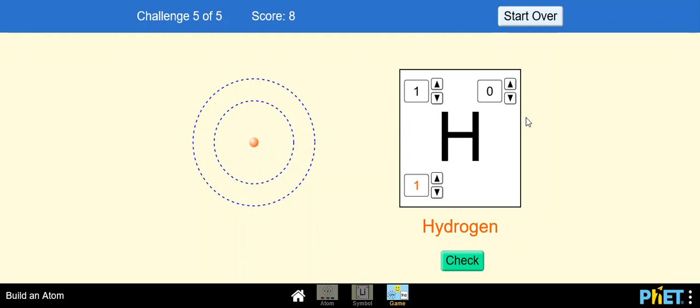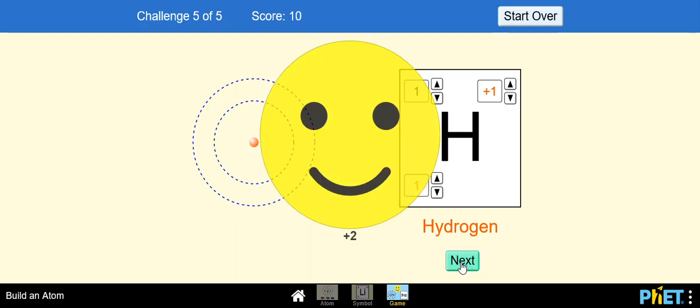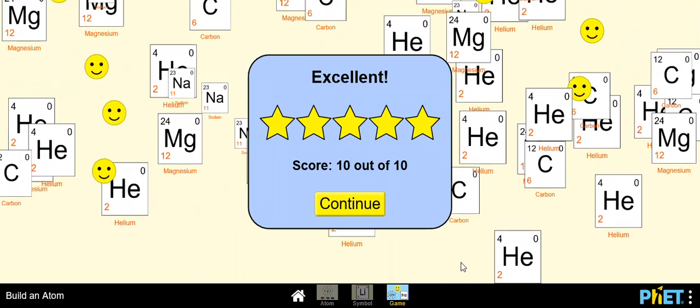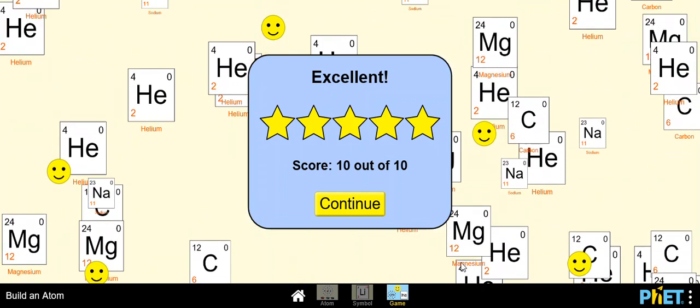So I've got 1 positive proton and no electrons. So this one is positive by 1, because 1 minus 0, 0 electrons, gets me a charge of positive 1. Let's check. Yay! And if I click next, you see what happens if you answer all 5 correctly.